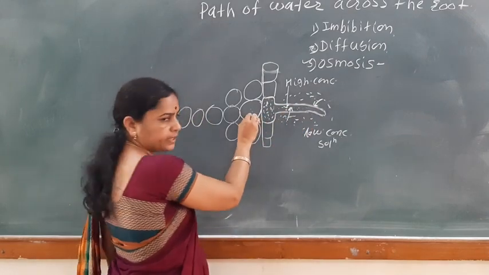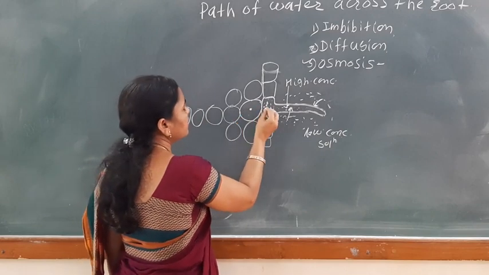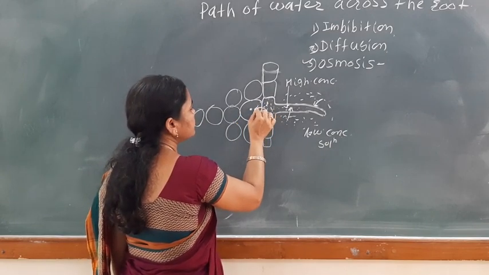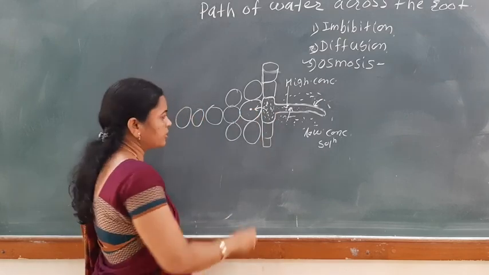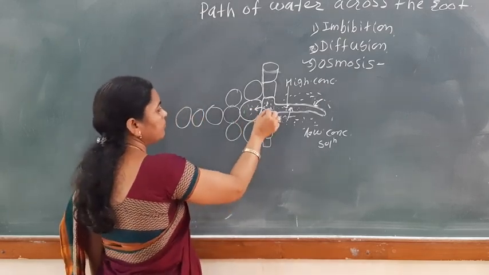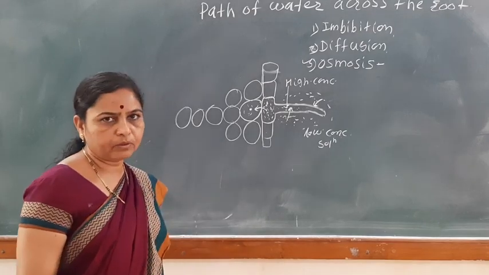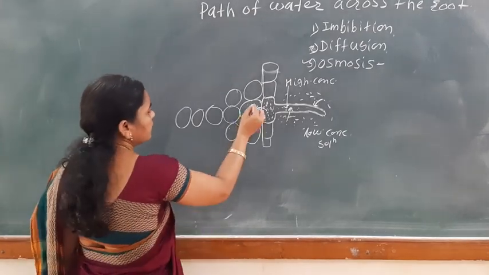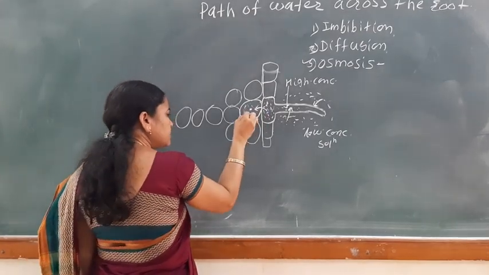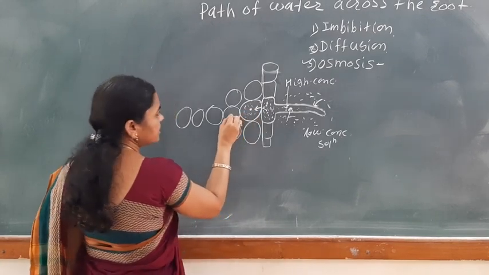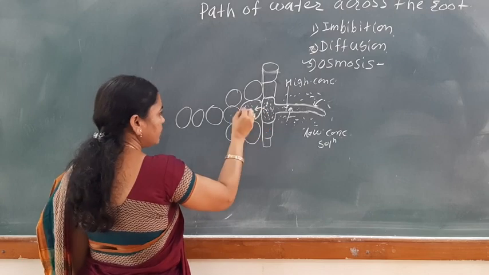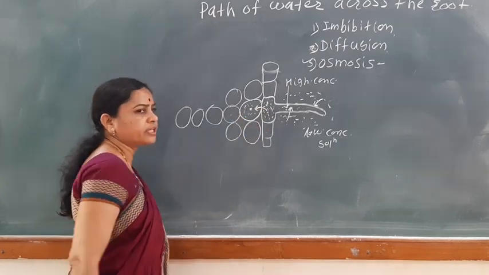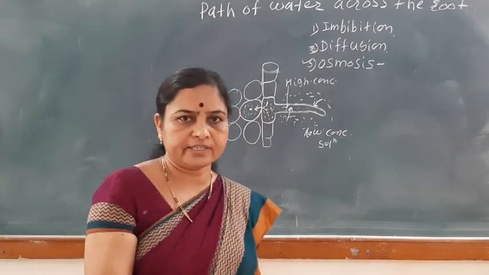So the movement of the solvent takes place from the low concentration to the high concentration, that is, from low DPD to high DPD. In this way, when the water enters this cortical cell, the nearest cortical cell has a high concentration, because when water enters, that is, endosmosis takes place, the concentration decreases.